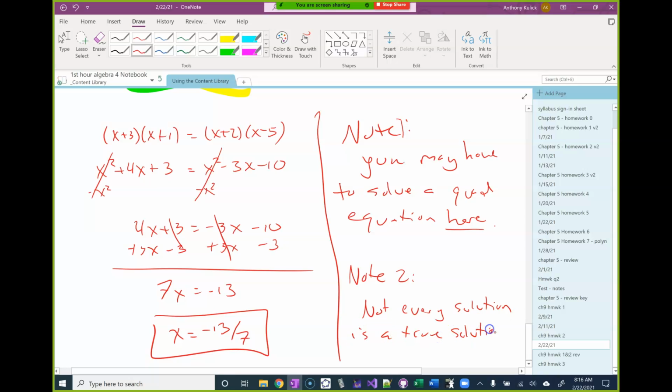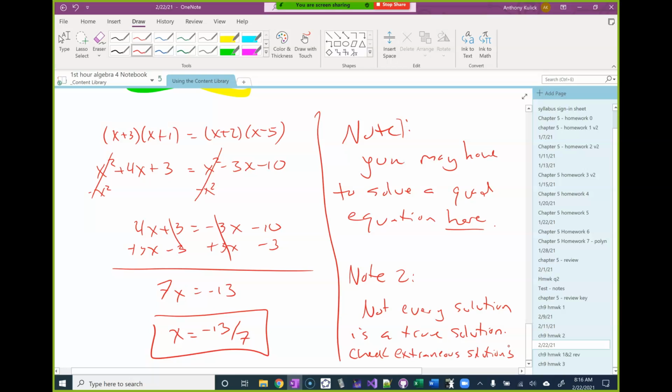So not every solution to a rational equation is a true solution. We have to make sure that we check for what are called extraneous solutions. Remember, we encountered these already when we talked about solving absolute value equations way back in semester 1.